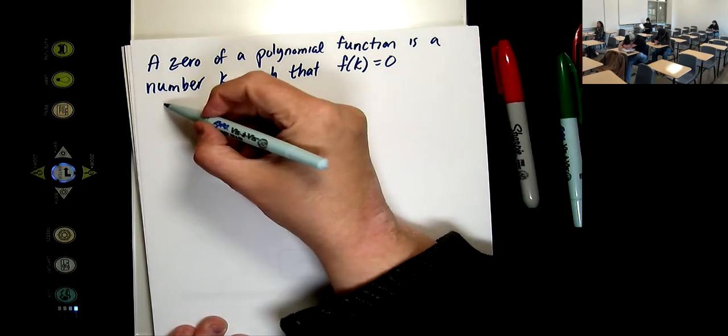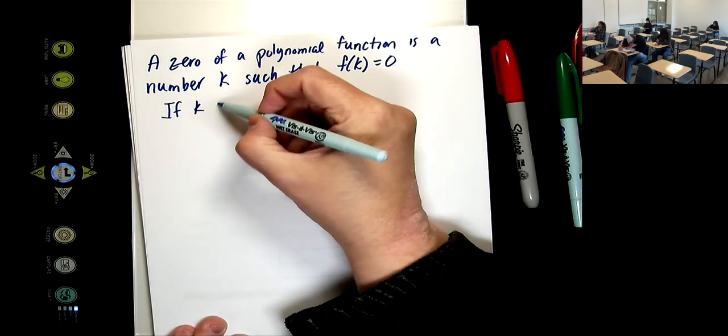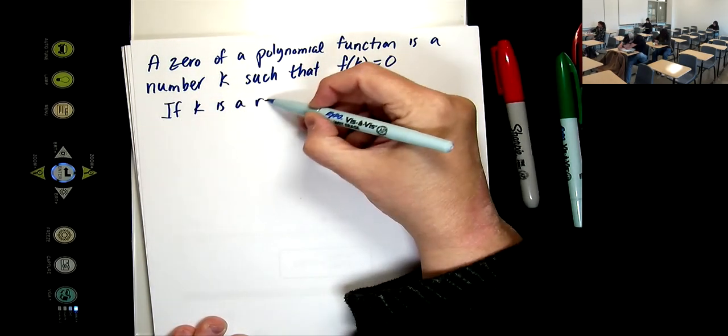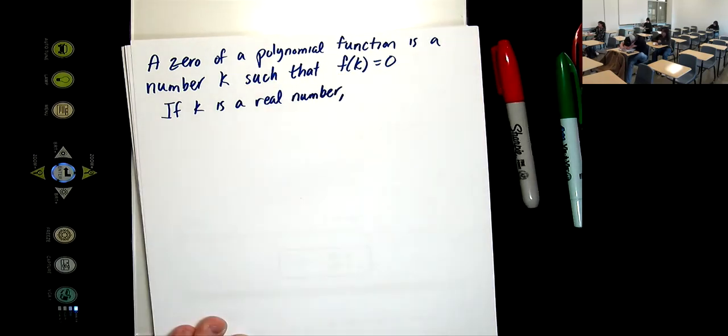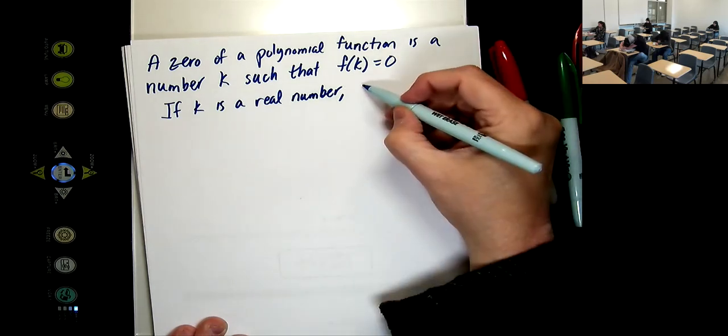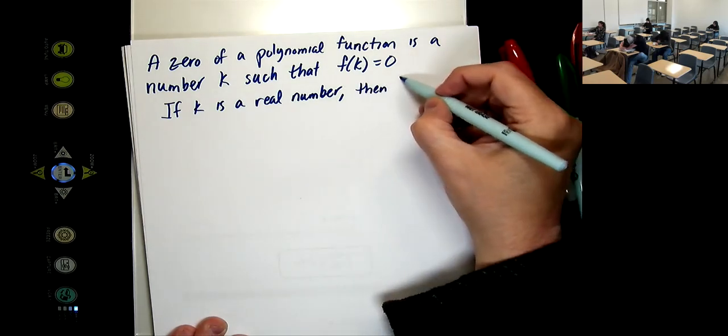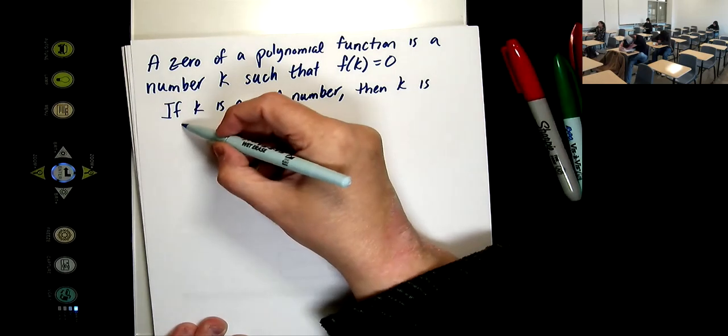If k is a real number, then k is the x value of the x-intercept.